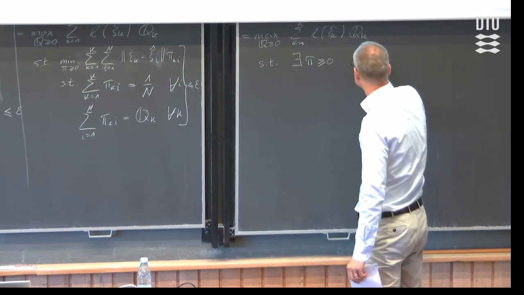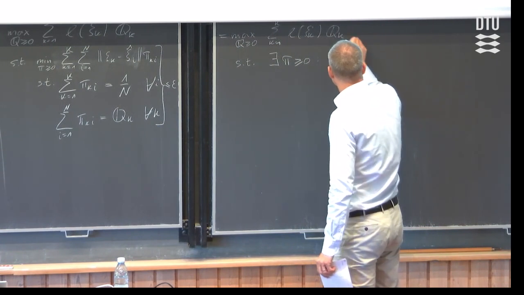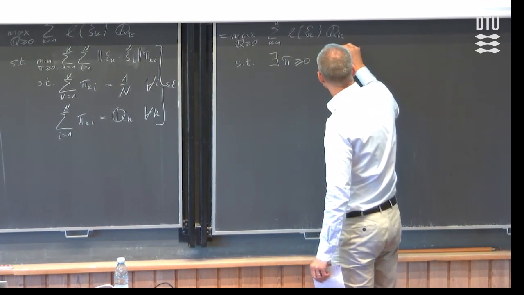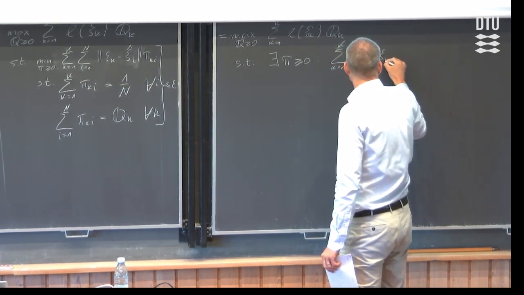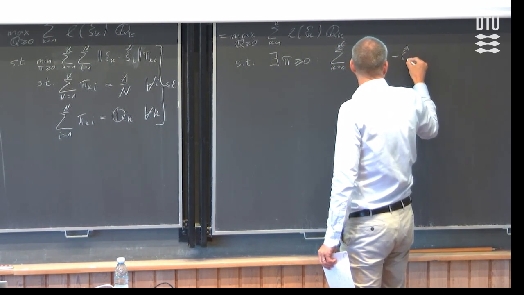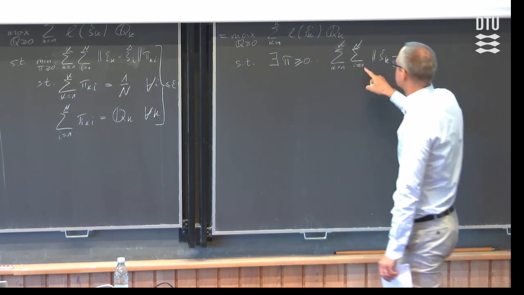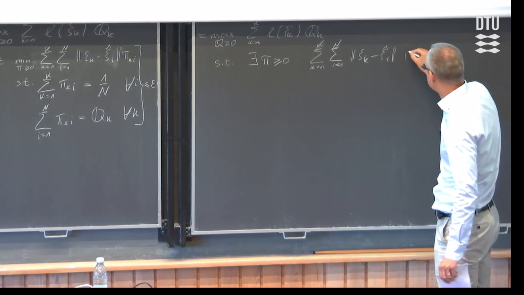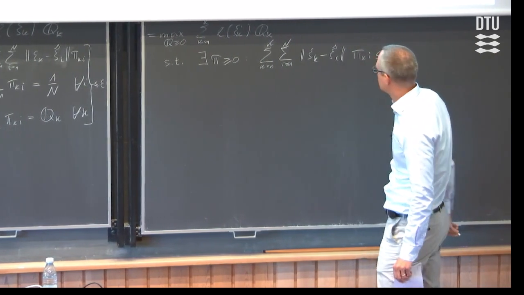So that's the first property. Sum from k equals 1 to capital K, sum from i equals 1 to capital N, distance between psi_k and psi hat_i, that thing times pi_ki, that thing is smaller or equal to epsilon.